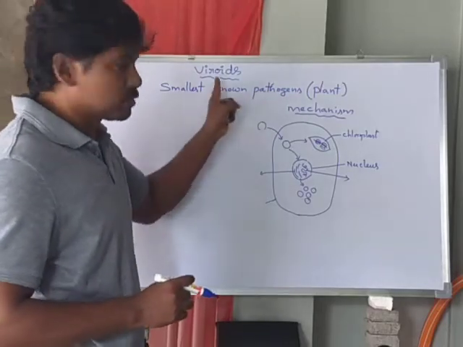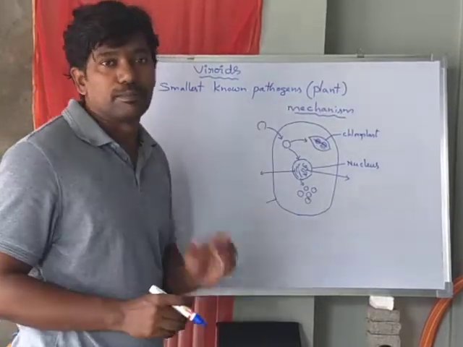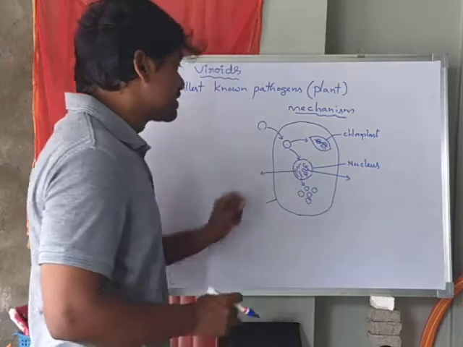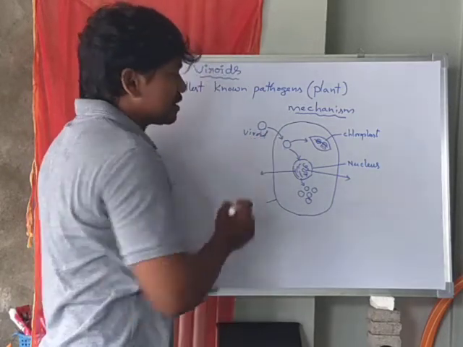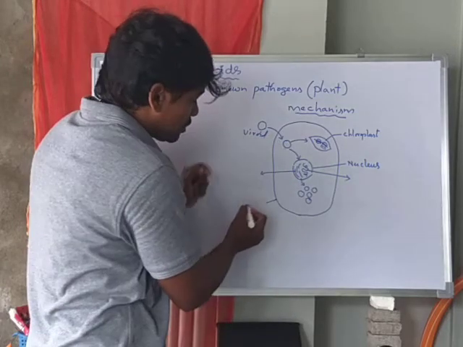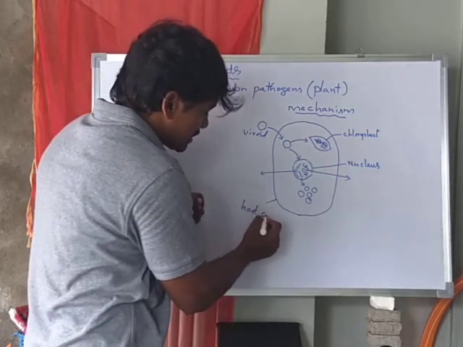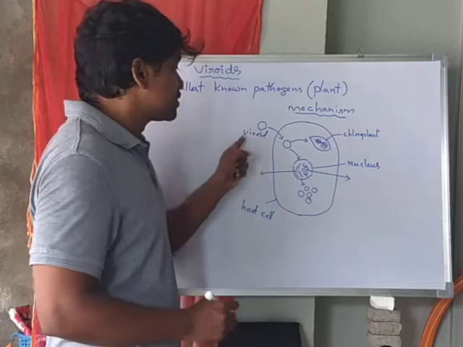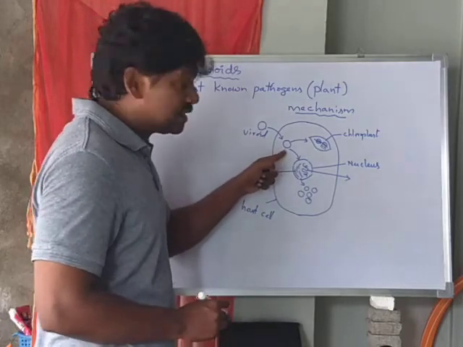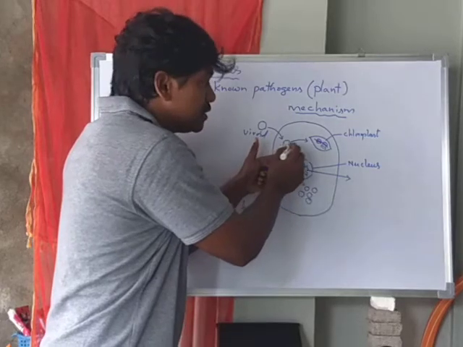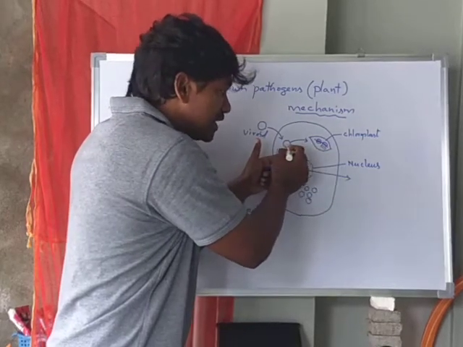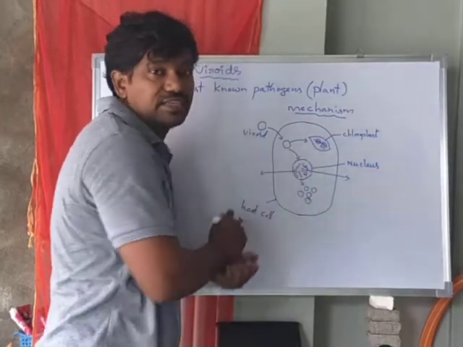A plant pathogen viroid enters the plant cell, the host cell. Then it goes to the chloroplast or enters the nucleus of the cell.